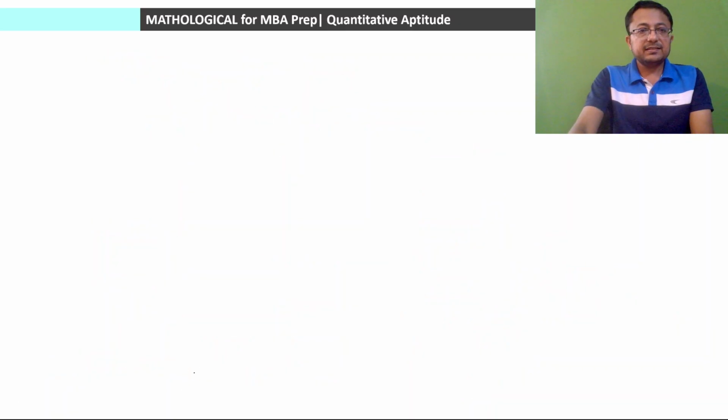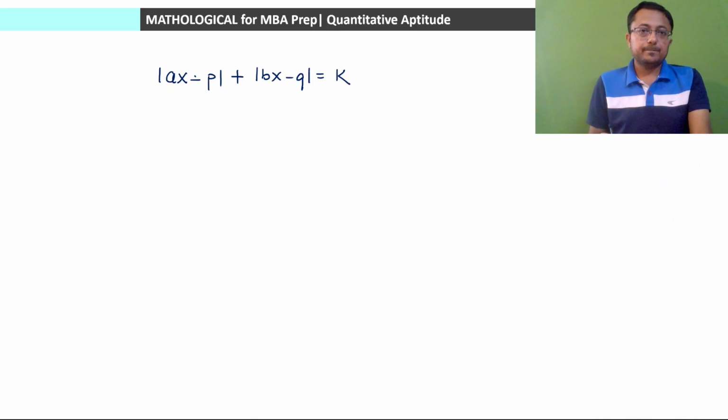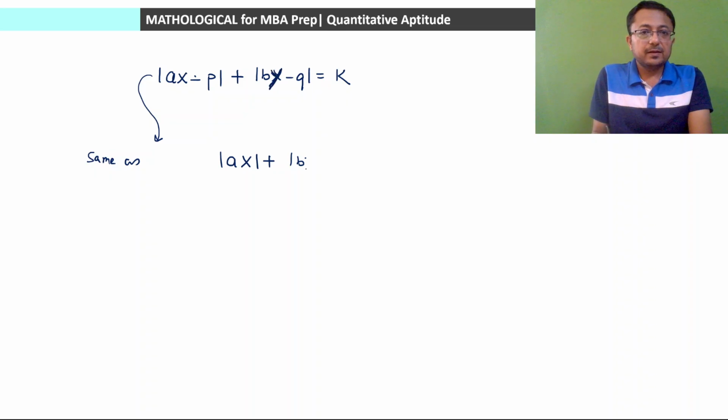Let us write this in general. If we have mod of ax minus p plus mod of by minus q, and this is equal to some constant k, then the shape of the graph will be the same as mod of ax plus mod of by equal to some constant k. In this case, the shape will be not a rhombus, but like this.